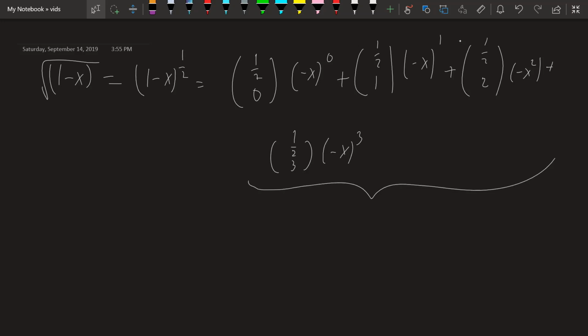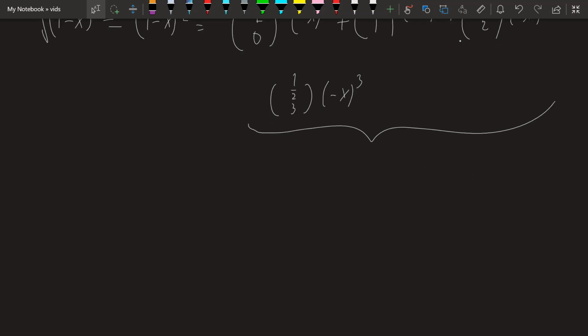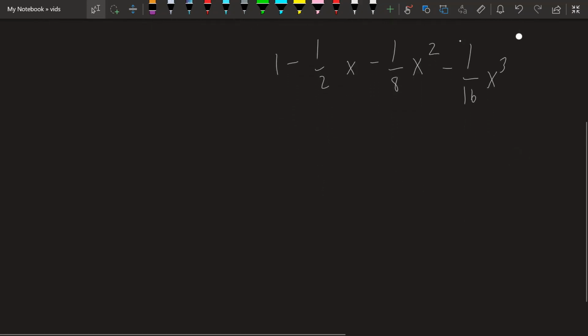Again, let's use a calculator to evaluate this. We're going to get 1 minus half x minus 1 over 8 x squared minus 1 over 16 x cubed. This is a pretty easy activity.